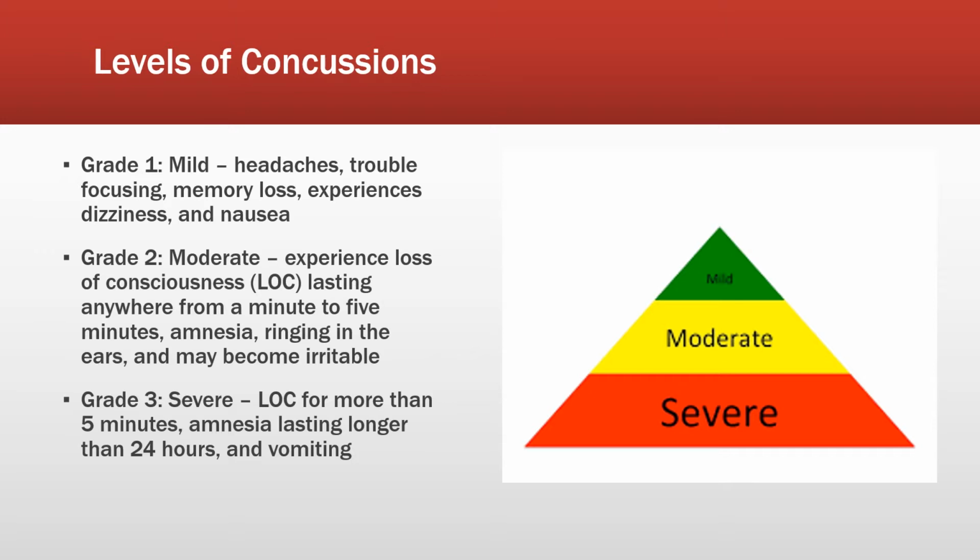Anything listed after the grade is going to be their symptoms. So for grade 1, we're going to have headaches, trouble focusing, memory loss, dizziness, and nausea. Like I said, mild is going to be the most common concussion that you're probably going to see.